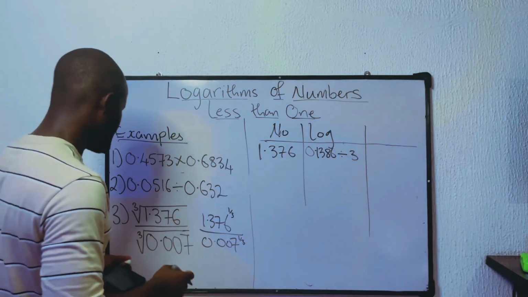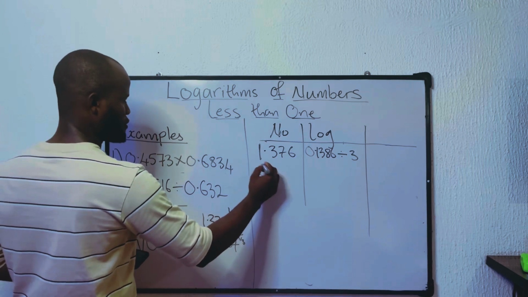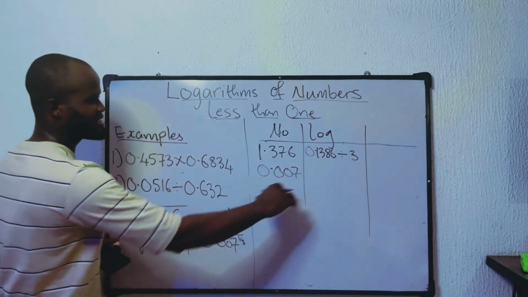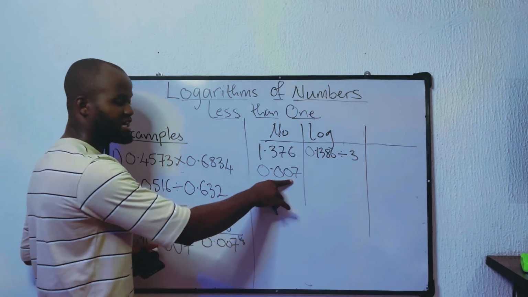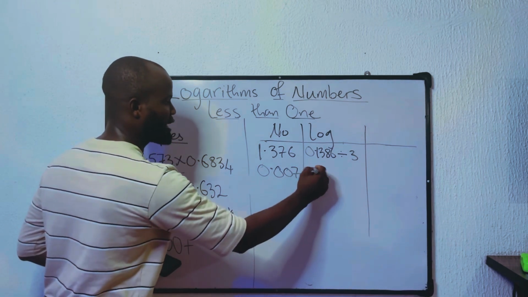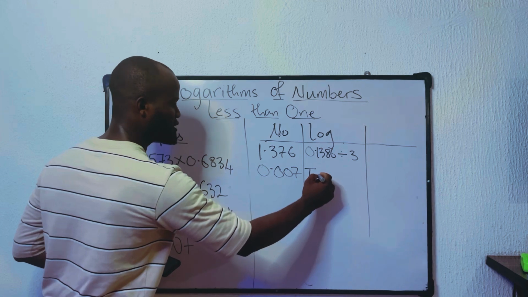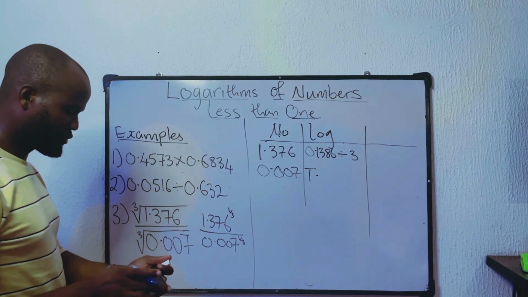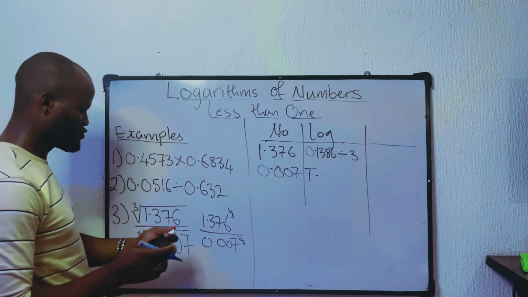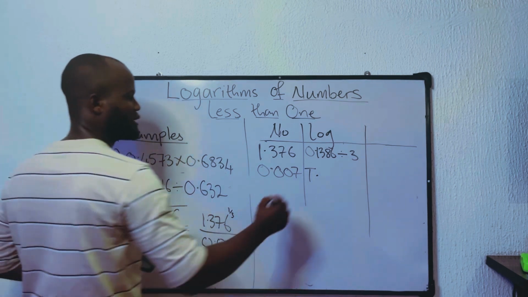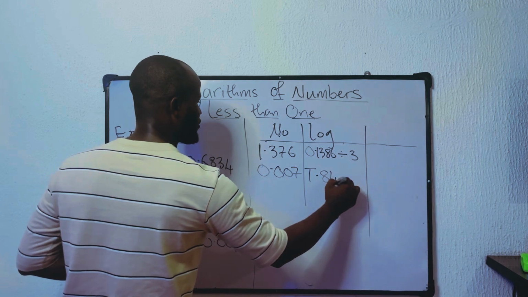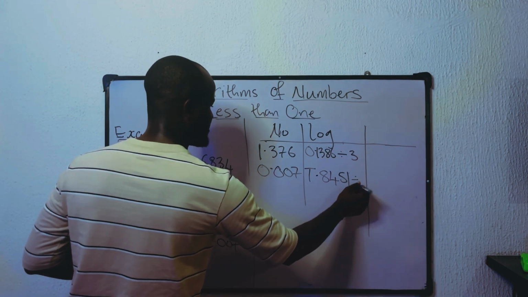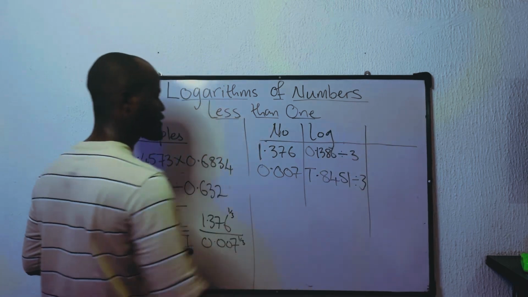Now the next one is 0.007. This number is less than 1, and we can see the leading zeros here are 3. So that becomes bar 1. So what's the logarithm of 7? The logarithm of 7 is 0.8451, and this will be divided by 3 as well.